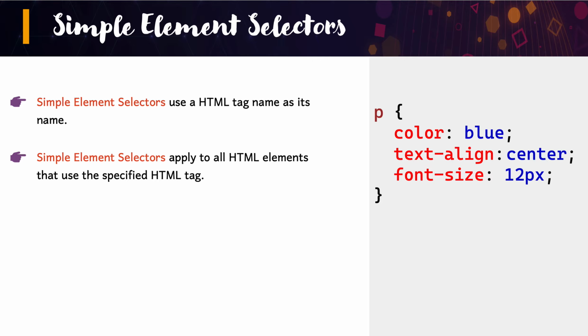For example, if there is an HTML page that has 10 paragraphs and that is using this style, then all 10 paragraphs are rendered identically in blue color, in center aligned text, and in 12 pixel font. Okay, this is how the simple element selector works. The selector selects all HTML elements that use the specified HTML tag for applying the style. This is the simple element selector.